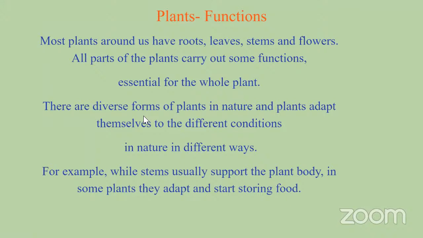In your higher classes, you will learn that fruits and flowers also carry some functions. There are diverse forms of plants in nature, and plants adapt themselves to the different conditions in nature in different ways. For example, while stems usually support the plant body, in some plants, they adapt and start storing food.